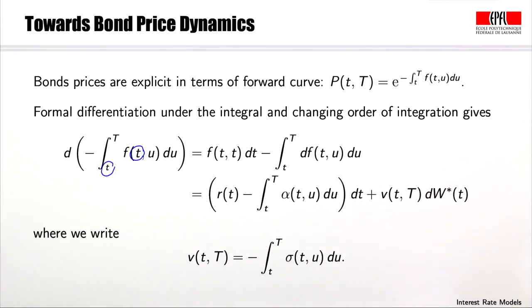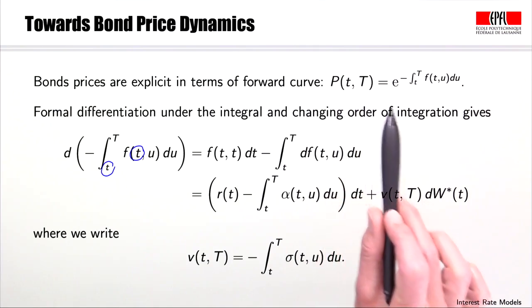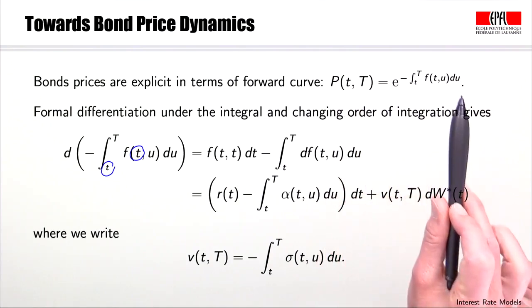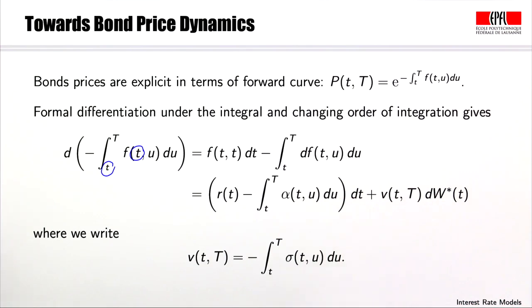Summarizing this first step, we have shown that the T-bond price is given by the exponential of an Ito process whose decomposition is given here.